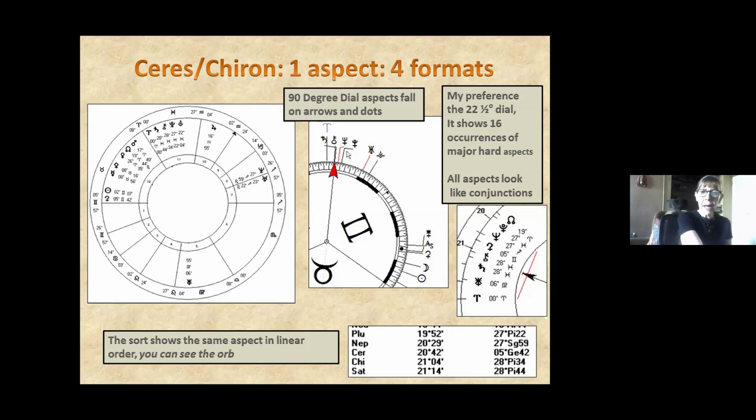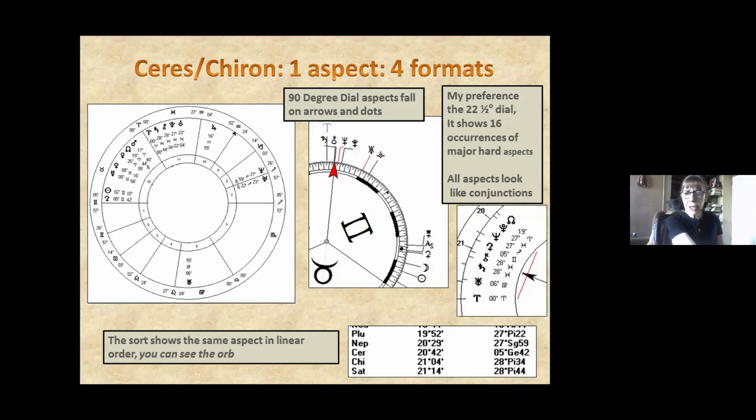One of them is the 90-degree dial, and we can see that the aspect falls on the arrow and the dot. Here's the Ceres, here's the Chiron. One is on an arrow, one is on a dot. That's an aspect. My preference is the 22.5-degree dial. It takes all of these points that are lined up around the dot, and all of these points that are lined up around the arrow, and it makes them all look like one big conjunction.